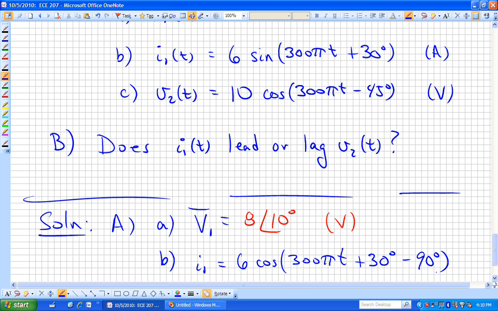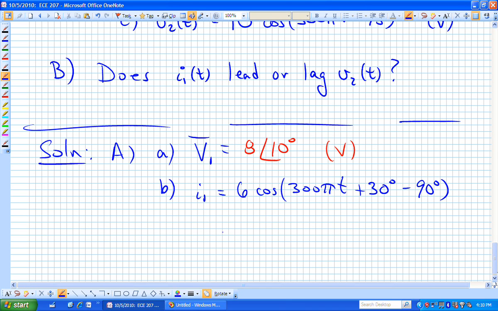So the sine wave of 300 pi t plus 30 degrees is equivalent to cosine of 300 pi t minus 60 degrees, or a phasor of 6 at minus 60 degrees.